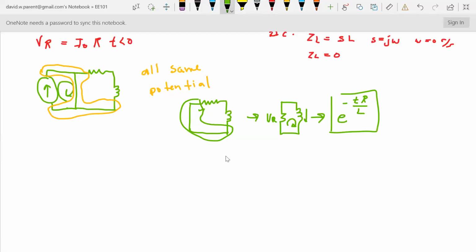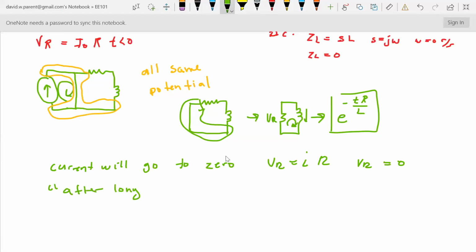Now there's nothing supplying it. Eventually the current will go to 0, right? So if VR equals IR, right? VR equals 0. And I'm going to put in quotes, after "long" time. All right, and we'll talk about that.